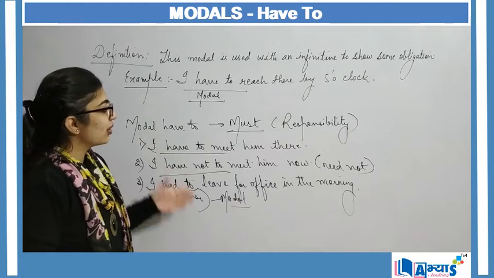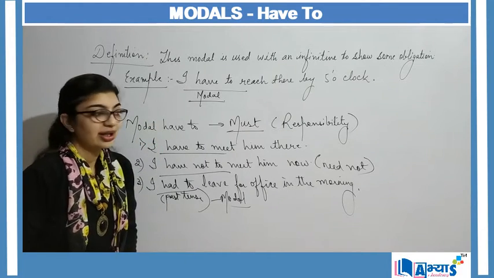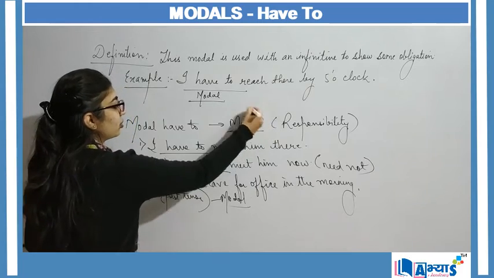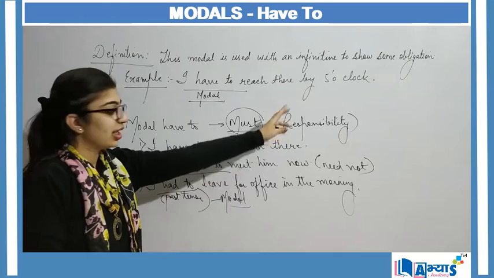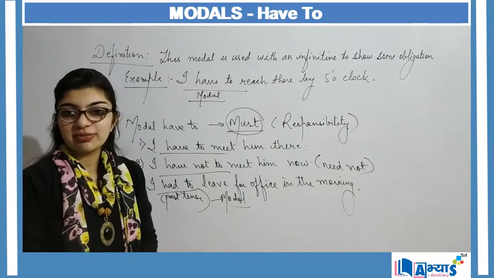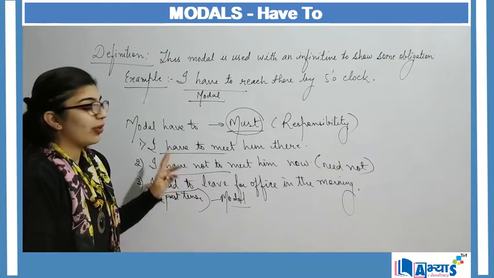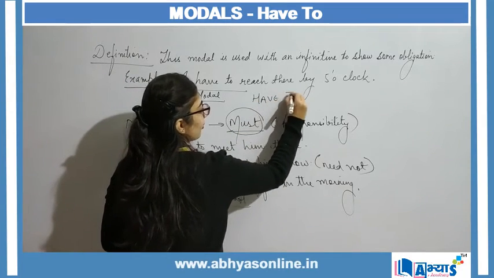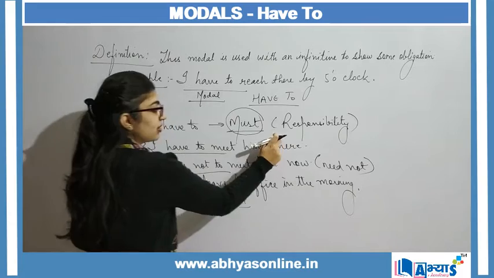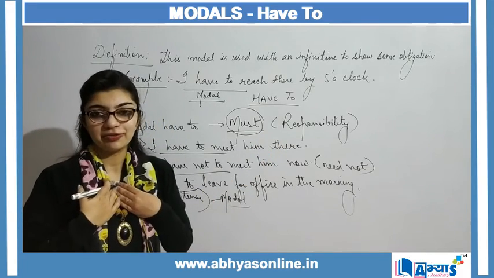So this is all about the modal have to. Like I said, it can be used as must. So when it is used as must, it indicates some kind of responsibility. But when we are using have to, this is the responsibility of oneself, right?